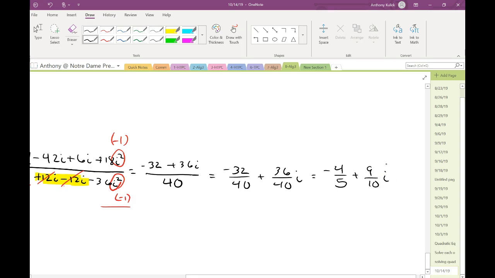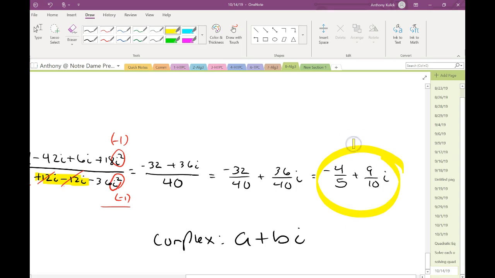Zach? So remember, a complex number should be of the form a plus bi. And if we divide two complex numbers, we need to get another complex number back at the end.